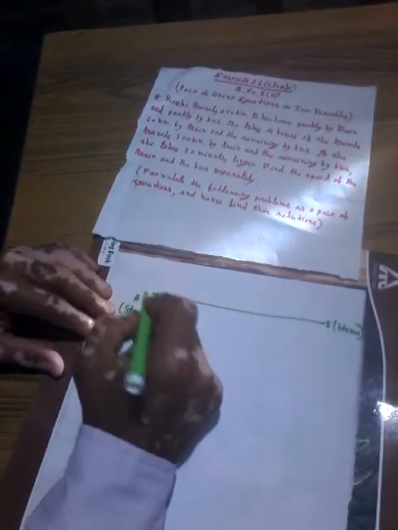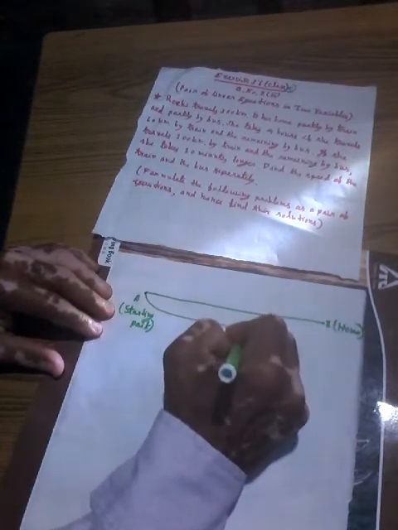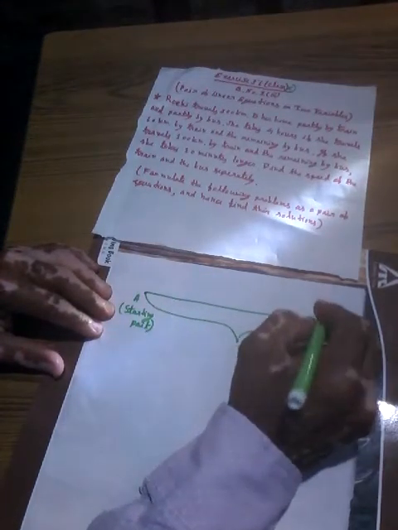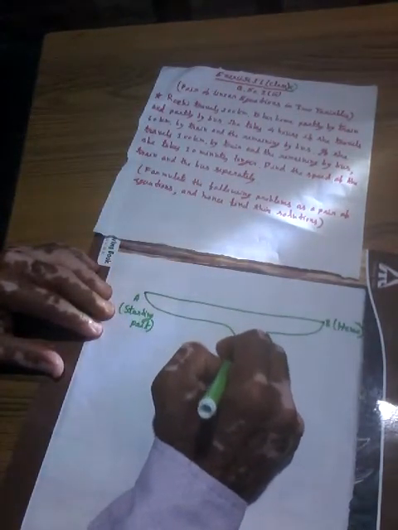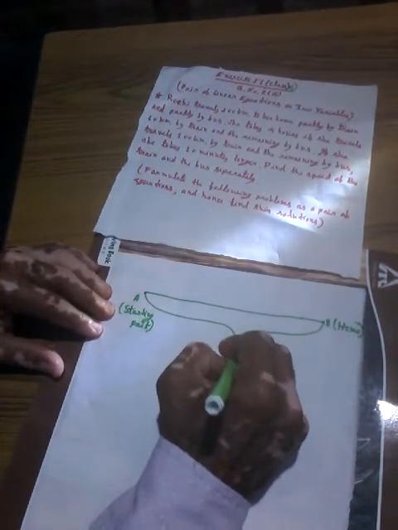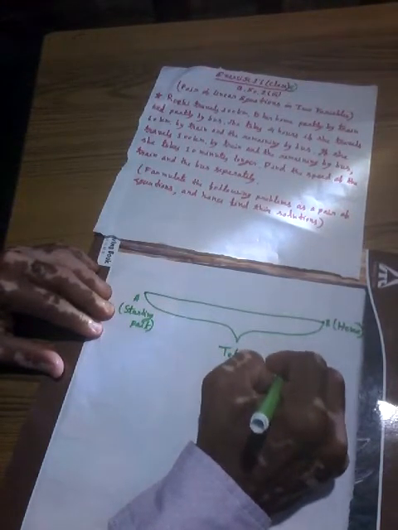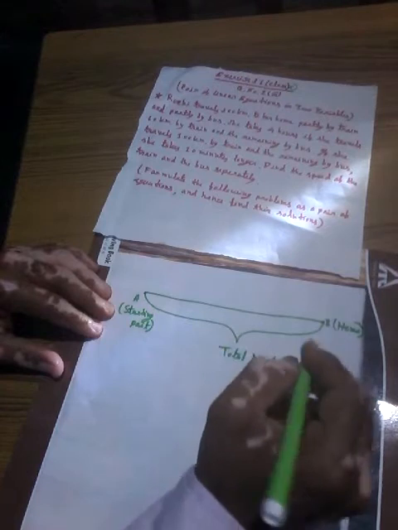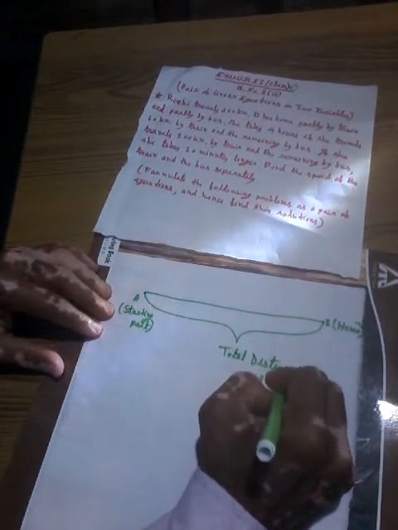Now the distance from A to B is 300 kilometers. That means total distance is equal to 300 kilometers.